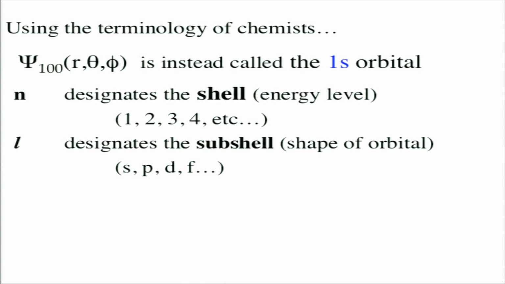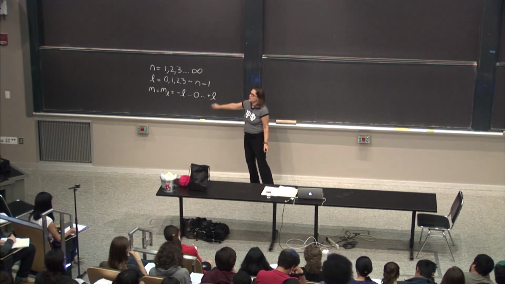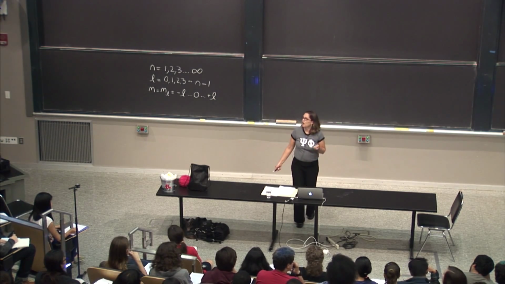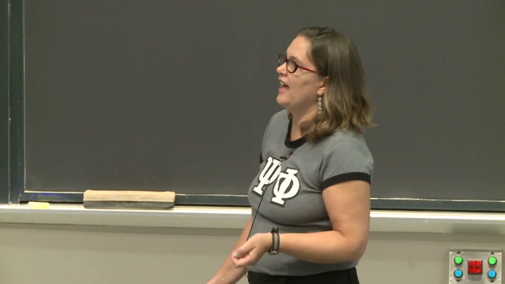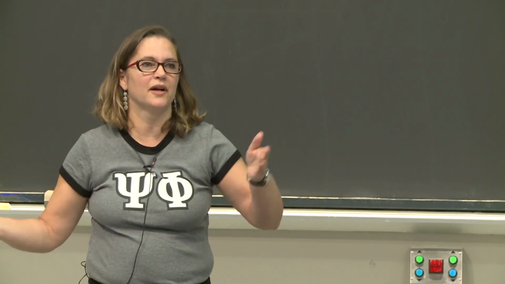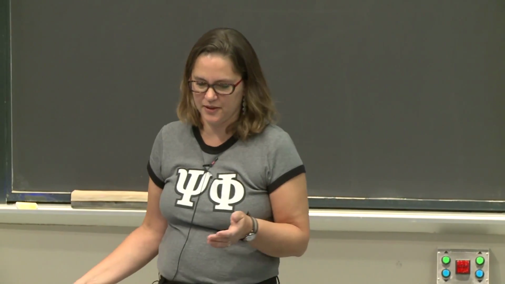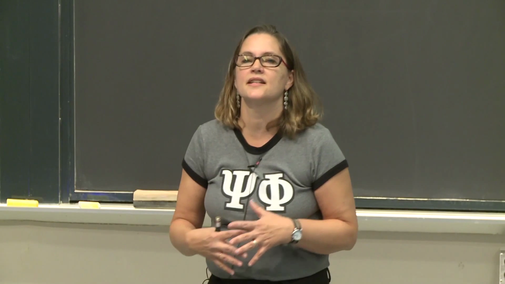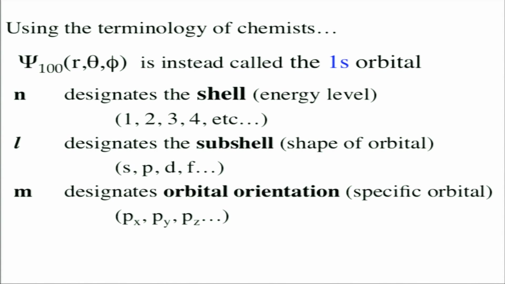And instead of listing it this way, we have another way to list it if we're a chemist, and that is s, p, d, f, etc. So chemists like numbers, but we also throw in some letters every once in a while. And then m, again, designates this orbital orientation or the specific orbital.